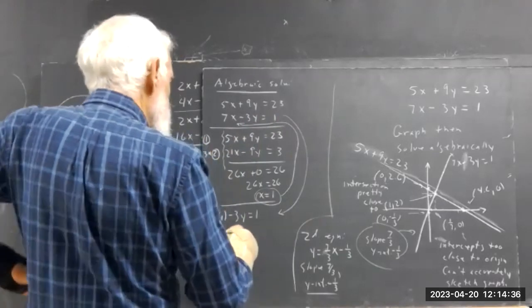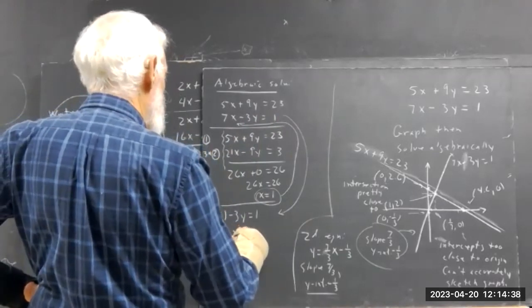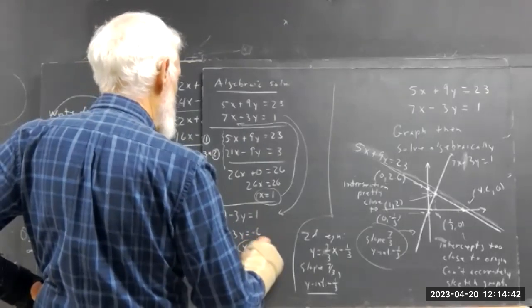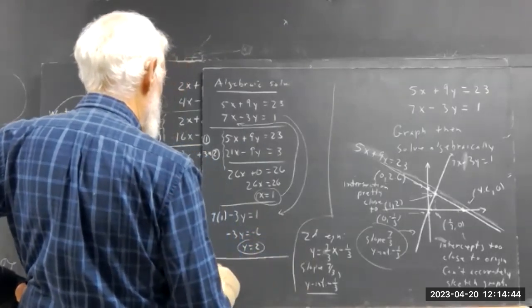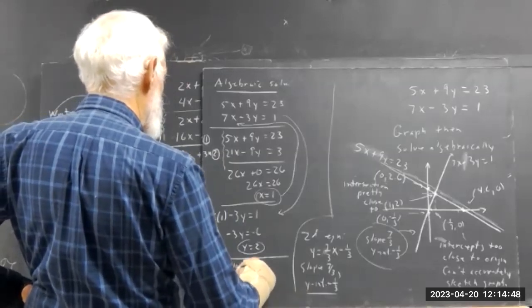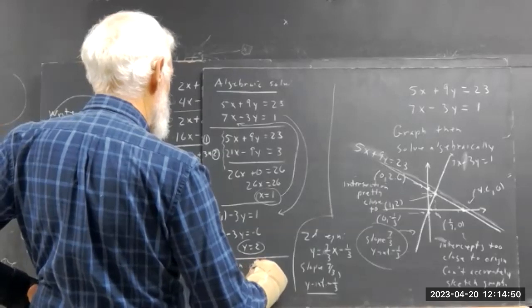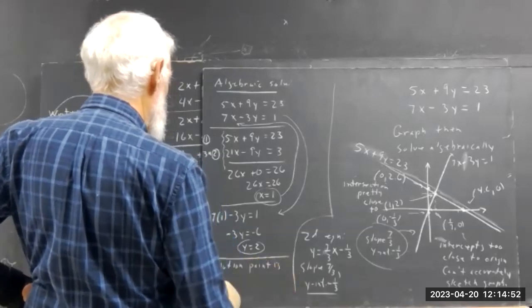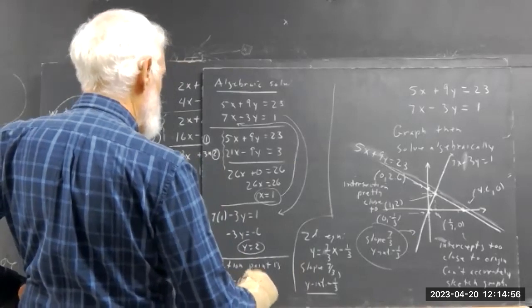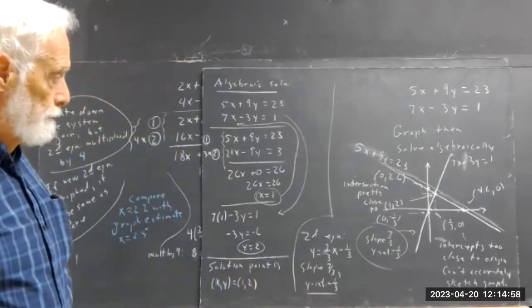Yep. So that negative 3y equals negative 6, so that y equals 2. Solution point would be (x, y) equals (1, 2).